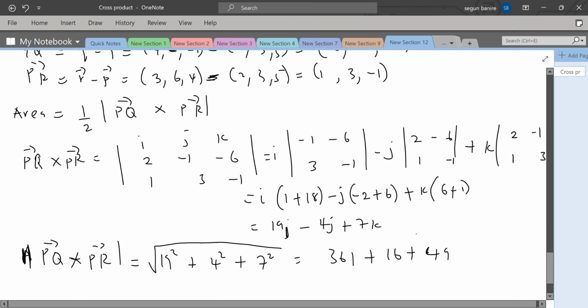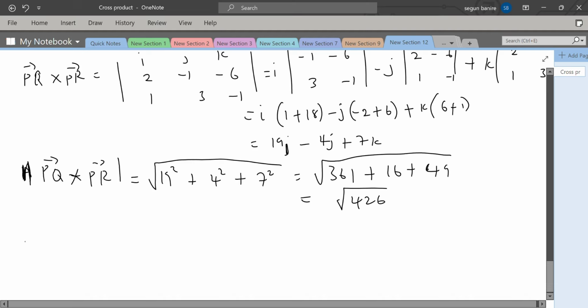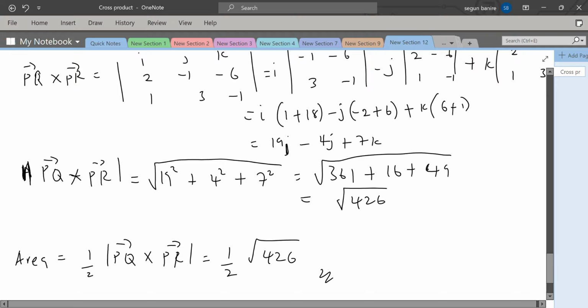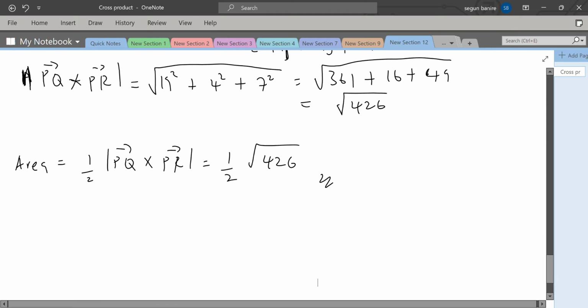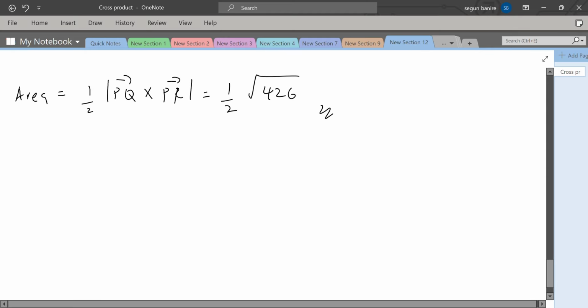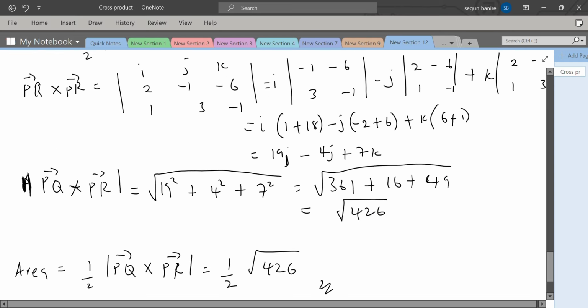We get 426. Square root of 426. Okay, so the area of a triangle is 1 over 2 PQ cross PR. So that is 1 over 2 square root of 426. So this becomes your final answer.